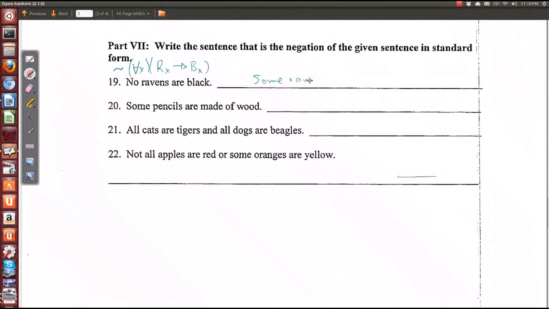Some ravens are, I want the negation of this, not black. And I certainly could say not all ravens are black. That also would work.